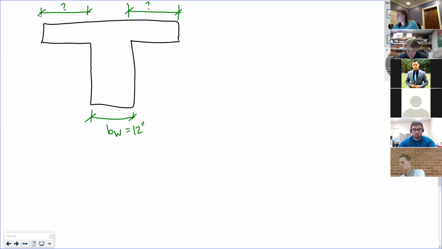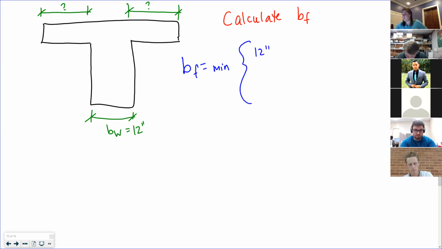So my bf is the minimum of 12 inches, that's my beam width, plus 2 times 8h, sw over 2, or ln over 8.